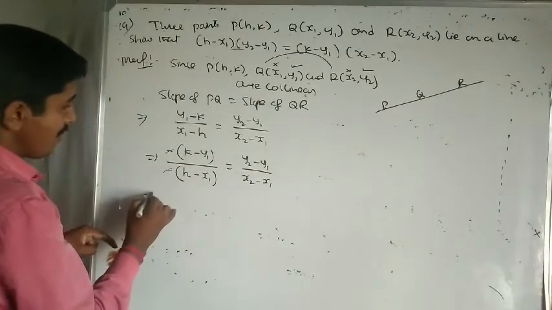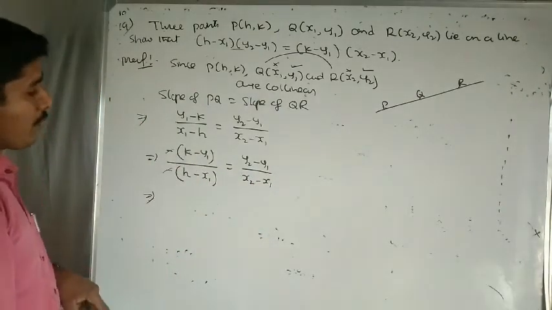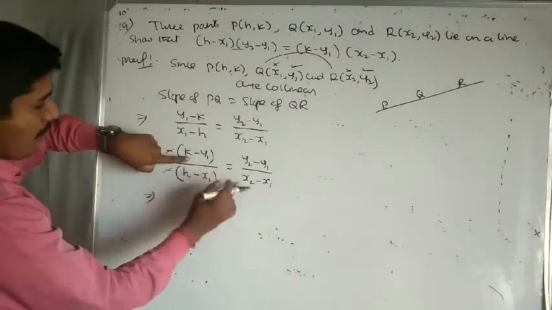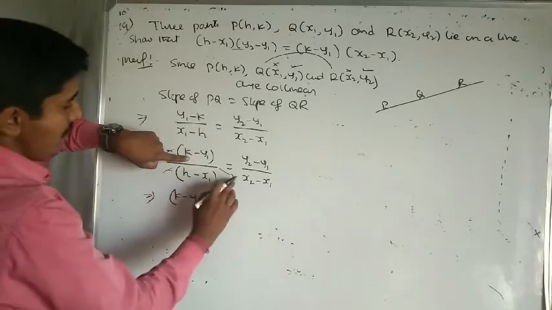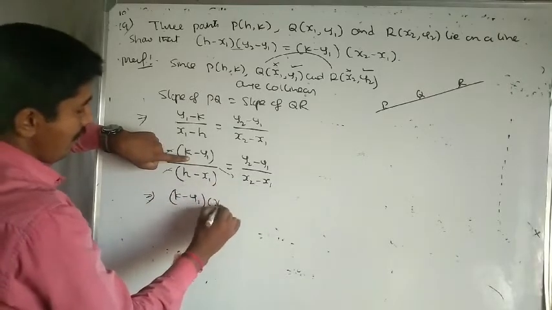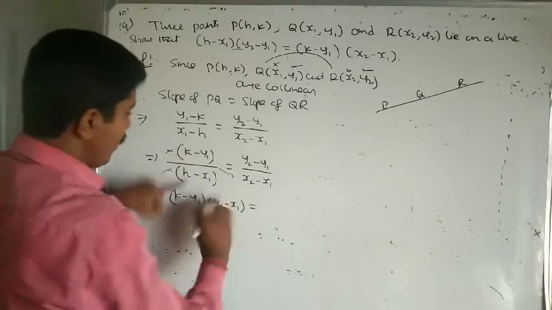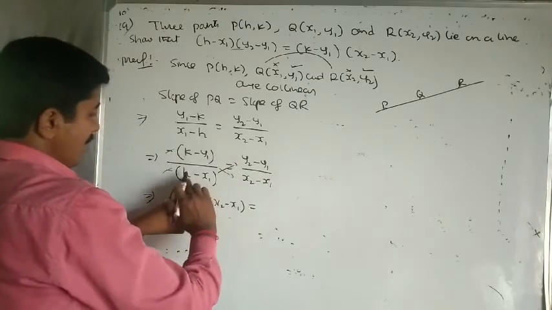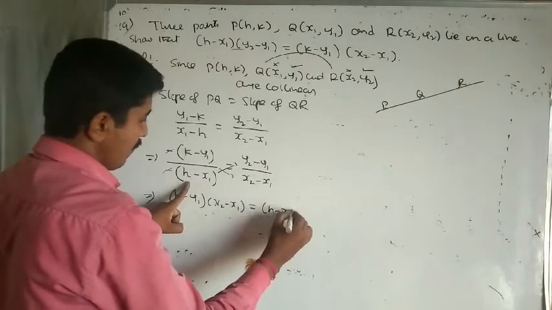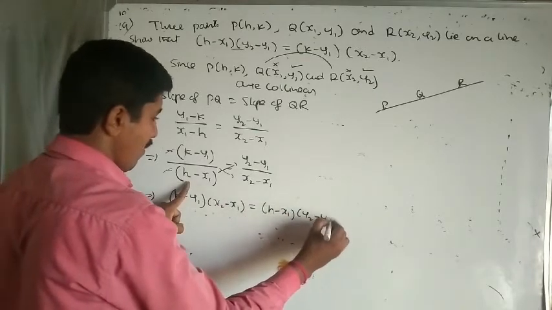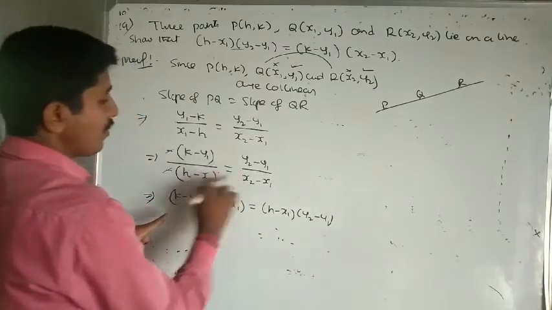Minus gets cancelled. Now directly taking cross multiplication, k minus y1 into x2 minus x1, which is equal to h minus x1 into y2 minus y1. Correct.